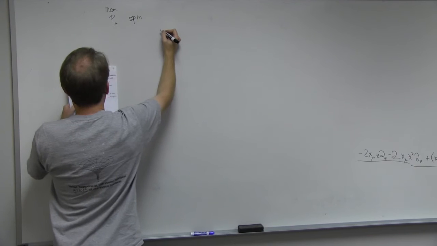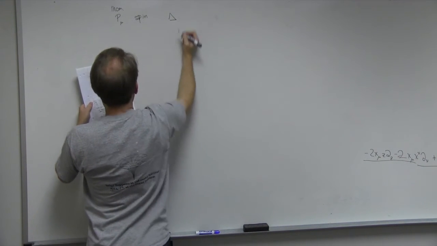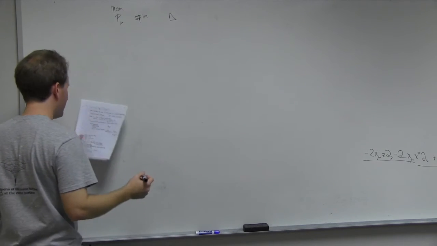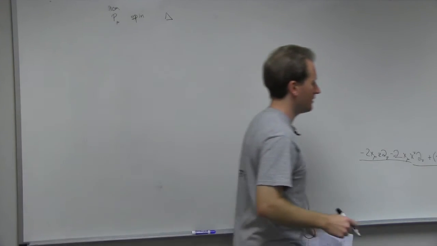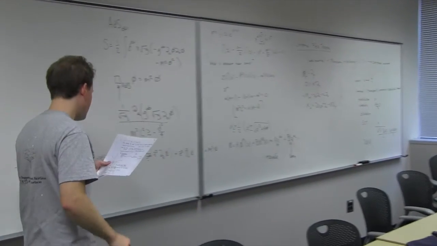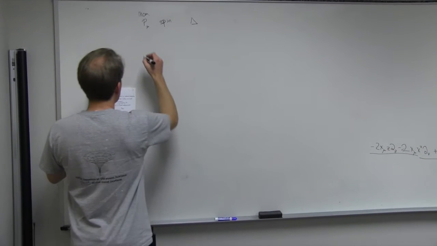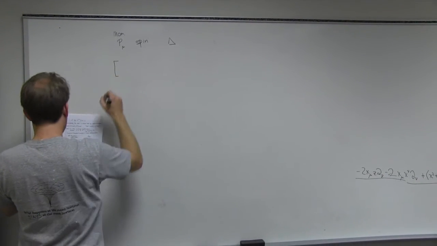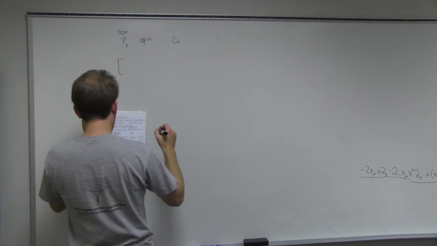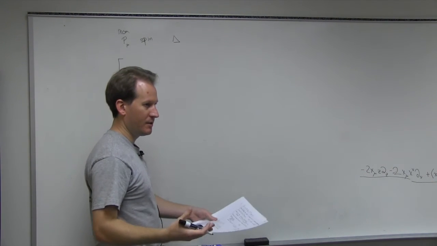But now we'll also talk about a scaling dimension, which is usually denoted delta, which is the eigenvalue of the dilatation generator. So that's how we label our states or the operators.